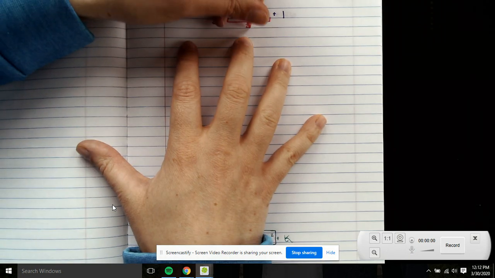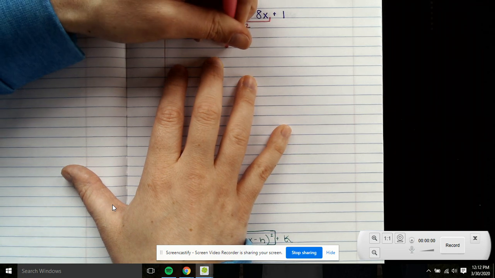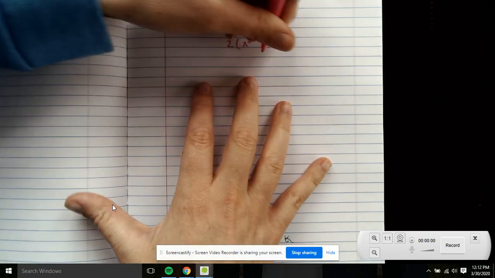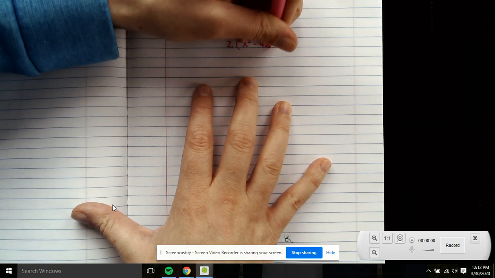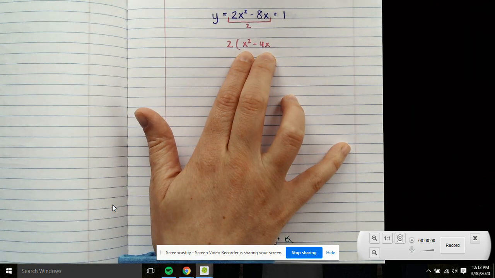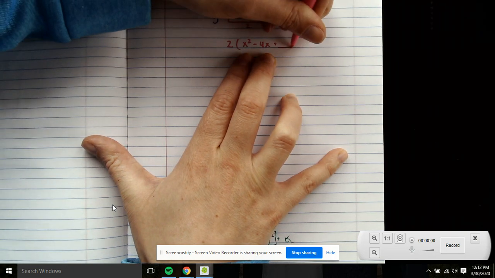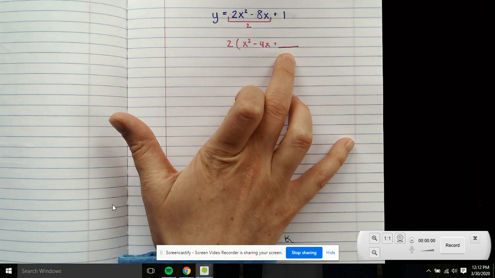So if I take out 2, I end up with 2 times (x squared minus 4x). And if you remember from completing the square, I want to leave a blank here so I can think about what the rest of it is going to be.